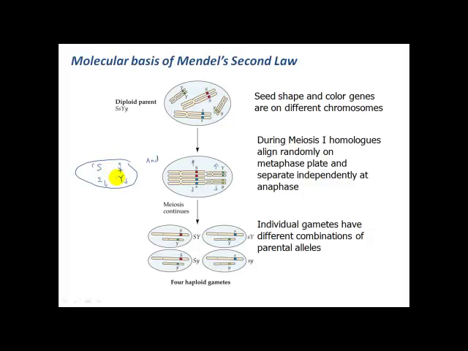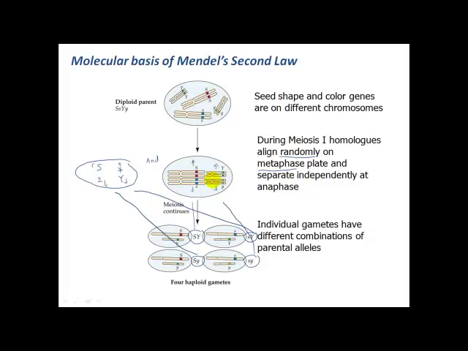And if we look at the gamete population as a whole, they're going to be the outcome of both of these potential alignment configurations. And so this dominant S, dominant Y, and recessive S, recessive Y gamete came from that alignment configuration. This recessive S, dominant Y, dominant S, recessive Y came from this alignment configuration, right? So random alignment of our homologs at metaphase 1 leads to independent segregation of those chromosomes at anaphase.